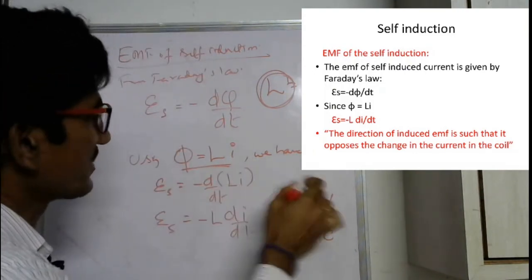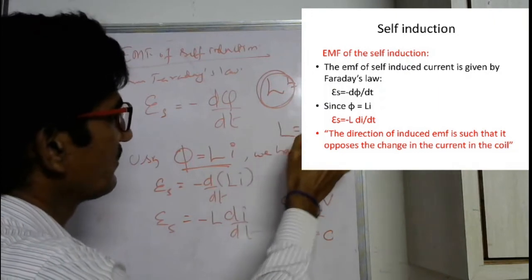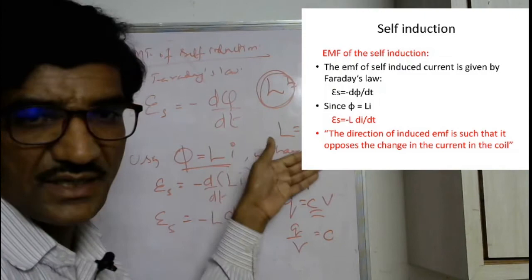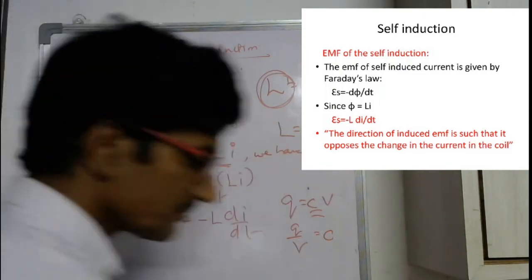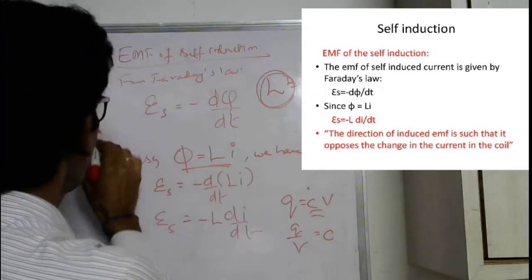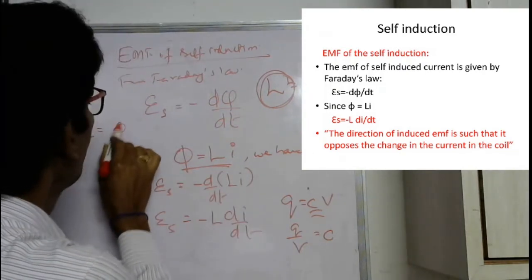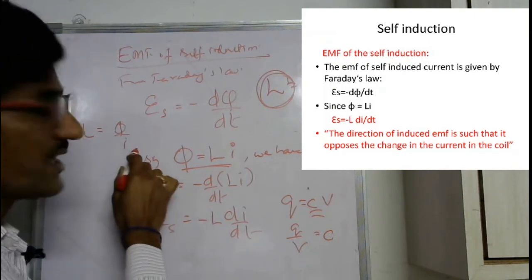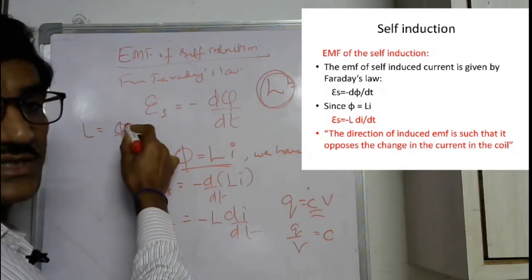Your L is constant. It is just phi by I. If you are increasing the current, then what is L? Your L is phi by I. As you change I, phi also changes.